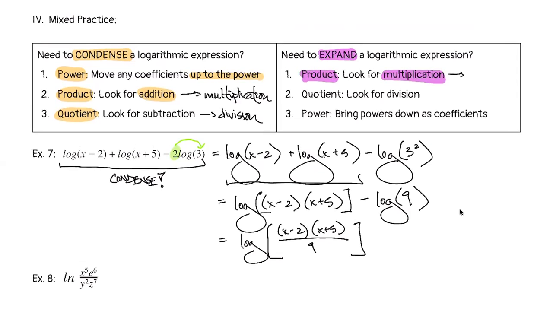And if I see that, I change that to addition. And then I look for any division, and I change that to subtraction. And then finally, I look for any powers and I bring them down to the front. Okay.